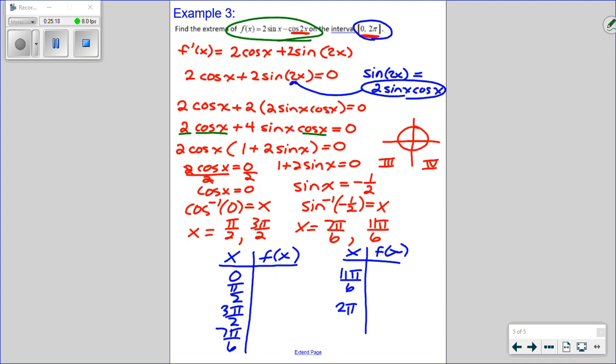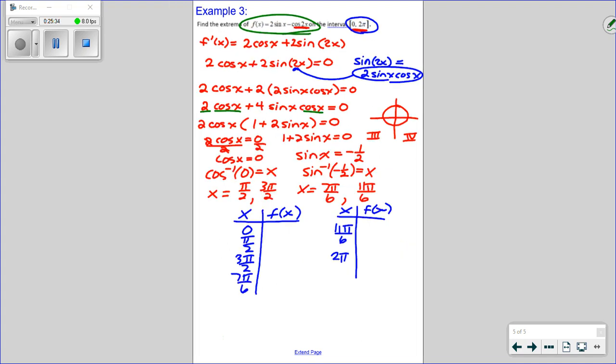Now just to save time, I'm going to show you one of these, but then I'll probably pause the video just because I know you don't want to be here forever. So let's extend the page. We can start with 0. f of 0 would equal 2 times sine of 0 minus cosine of 2 times 0.